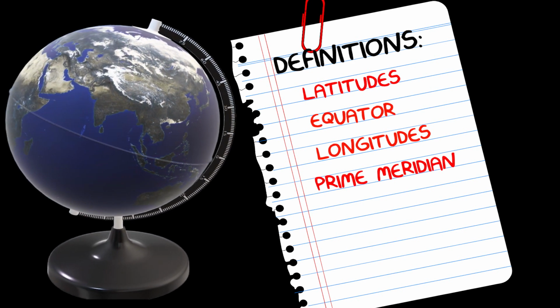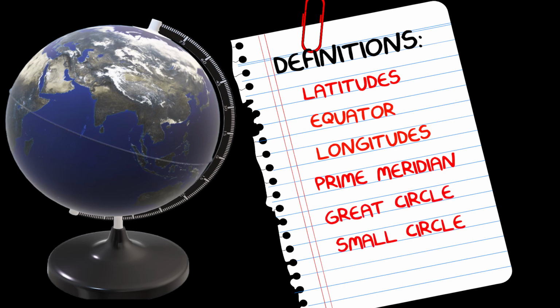Without forgetting the very important points that you have a great circle and a small circle. A great circle is a circle that is formed by longitudes and the equator, while all the circles that are formed by latitudes other than the equator are what we refer to as small circles.